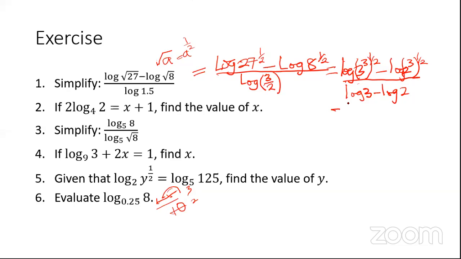The next thing from there, we now have logarithm of 3 raised to power, when you multiply 3 by half, the powers, it becomes 3/2, minus logarithm of 2, the same thing, 3/2, divided by logarithm of 3 minus logarithm of 2.